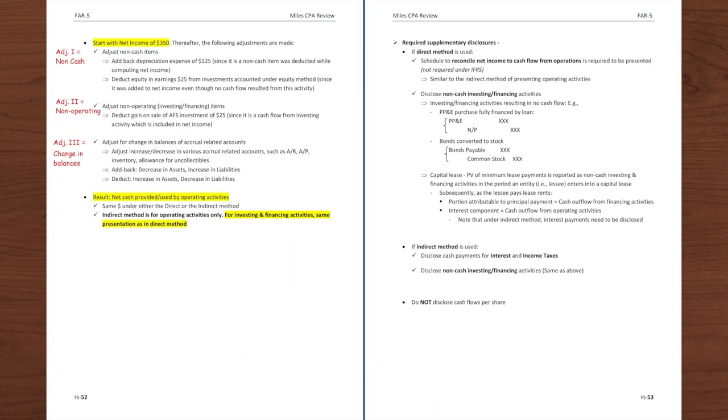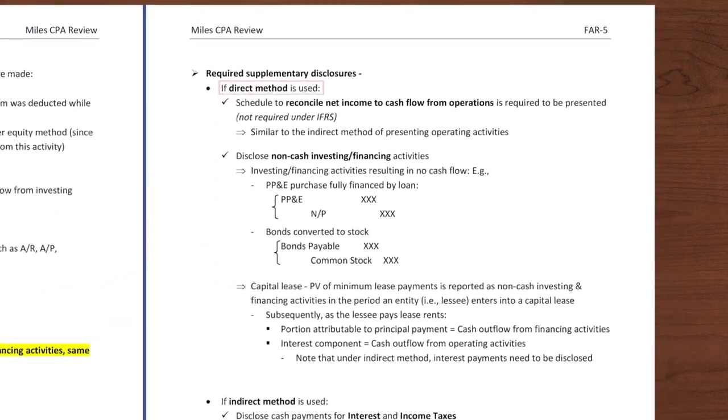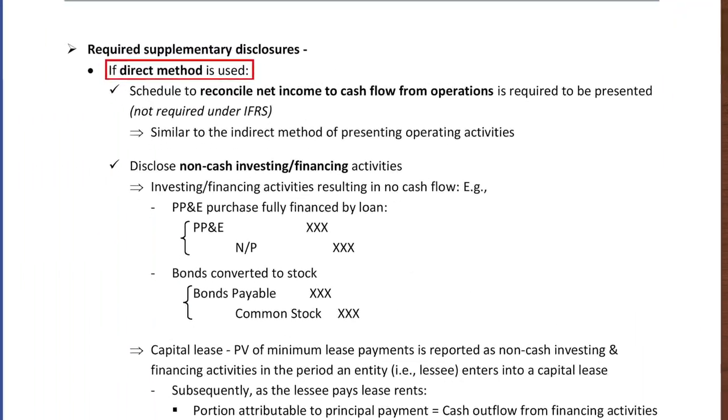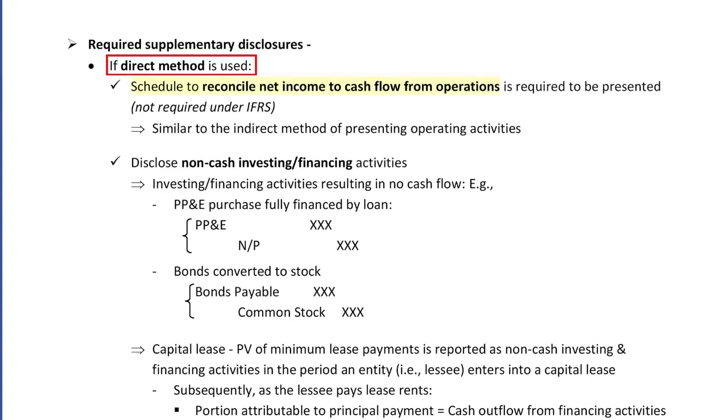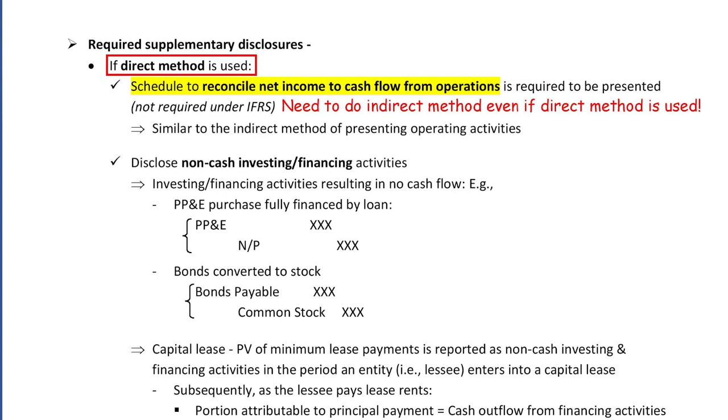We're looking at supplementary disclosures on page 53. Put a box around: if direct method is used. And highlight: schedule to reconcile net income to cash flow from operations is required to be presented. And this requirement is only for GAAP, not for IFRS. So, right, you need to do the indirect method even if the direct method is used.